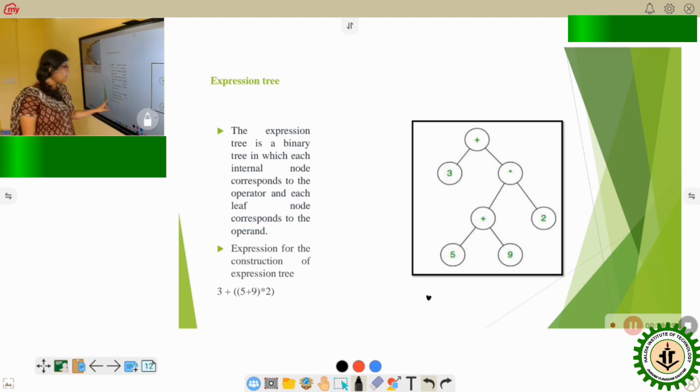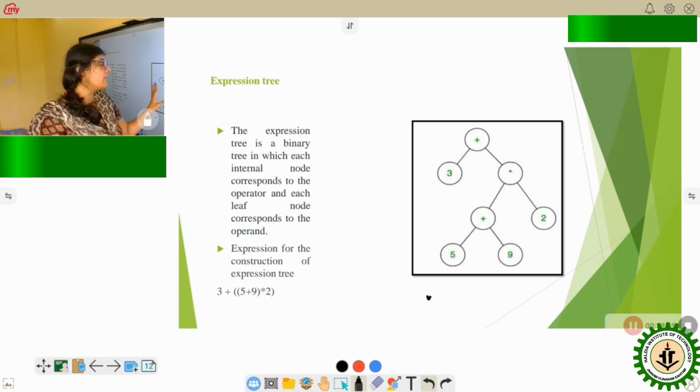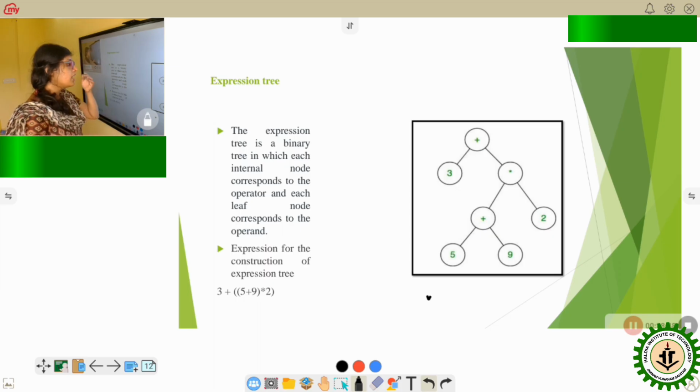Next is we will do 3 plus. So plus is again placed as the root node and 3 is placed as the leaf node. This is placed as the root node because this is the last expression which will evaluate. But if it was not the last, it would be placed as an internal node.